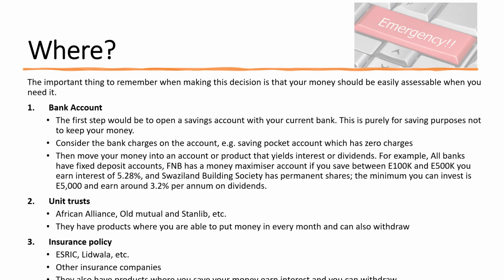FNB has a money maximizer account. If you have, for instance, between 100,000 and 500,000 to invest, it earns you something like 5.28%. Building Society has permanent shares where you can invest as little as 5,000 and you can earn an annual dividend of around 3.2%.